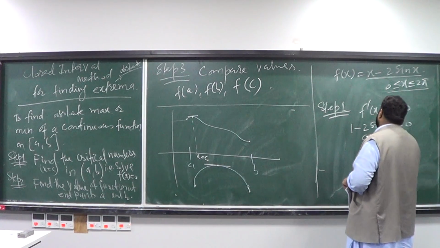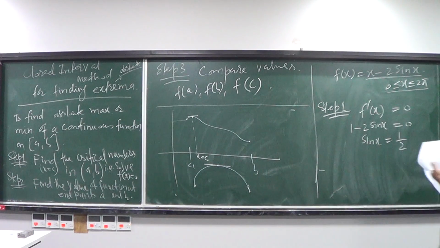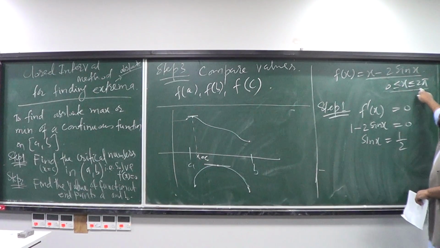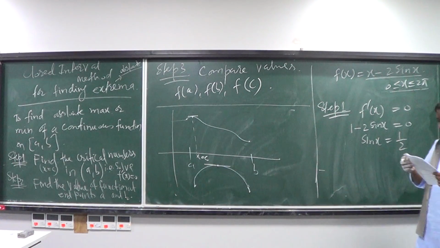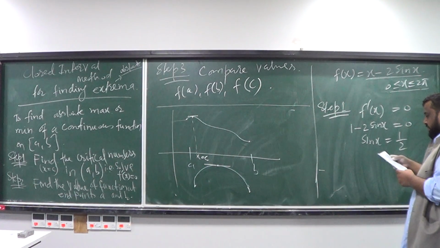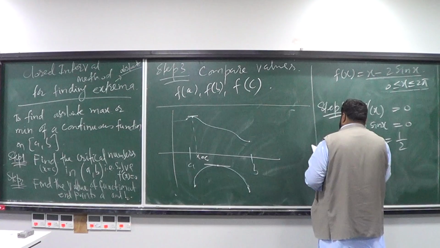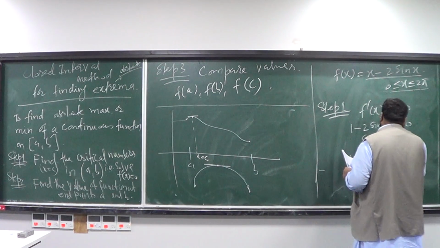So you're going to have sine x equal to 1/2. Then what we have to do, we have to look at between 0 to 2 pi, what are the x that gives me sine x equal to 1/2. Okay? So the points are x equal to pi by 3 and x equal to 5 pi by 3.